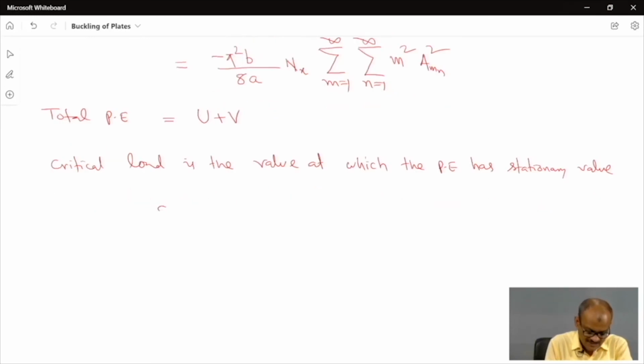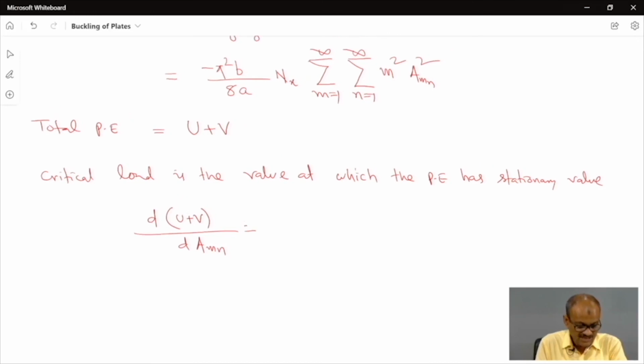If we differentiate ∂(U+V)/∂Amn, because Amn is the unknown in the expression of the total potential energy, we differentiate with respect to Amn, and this is equal to 0.